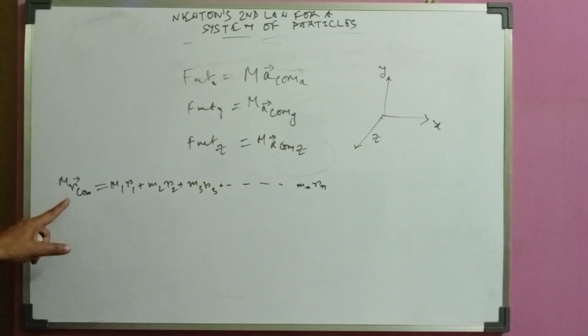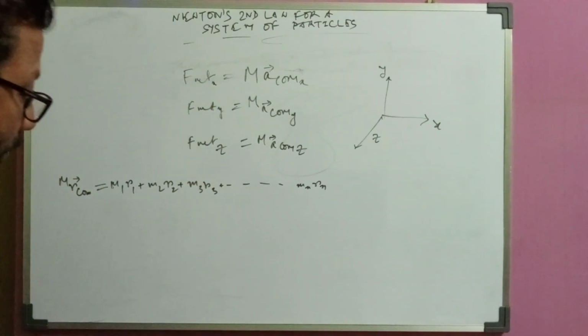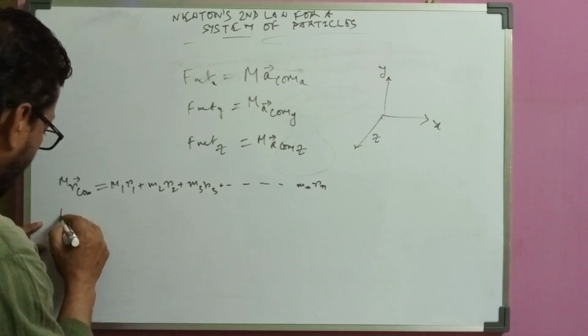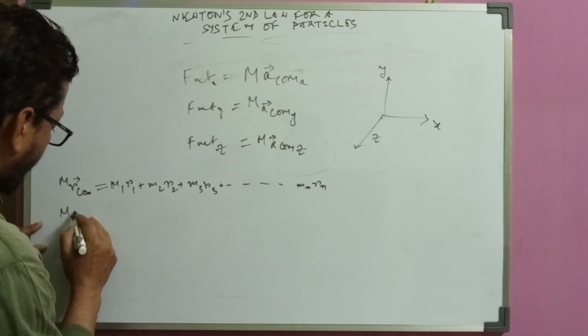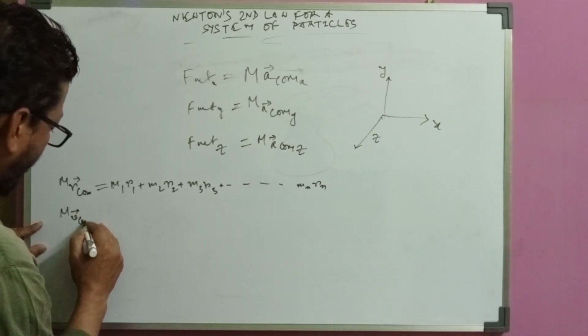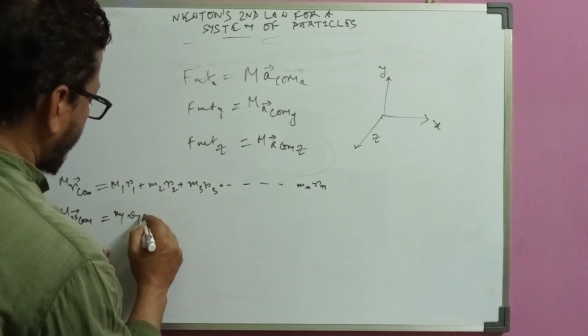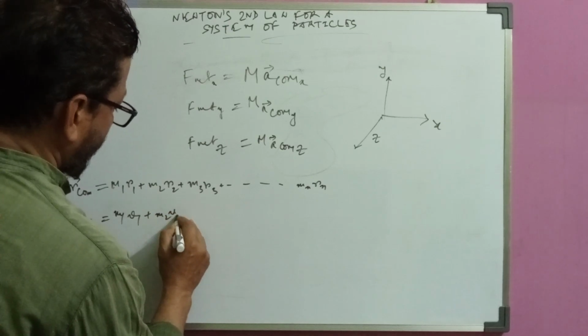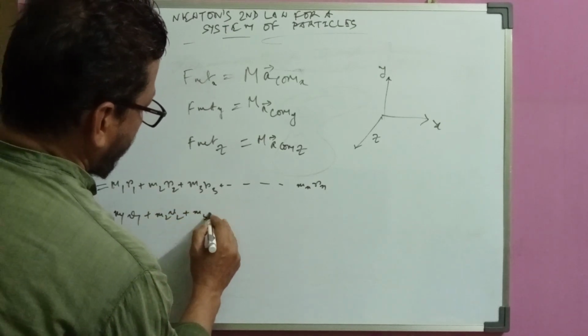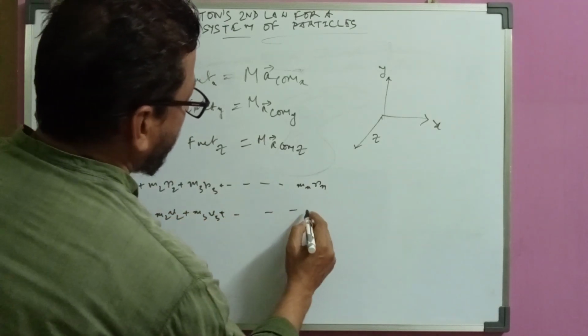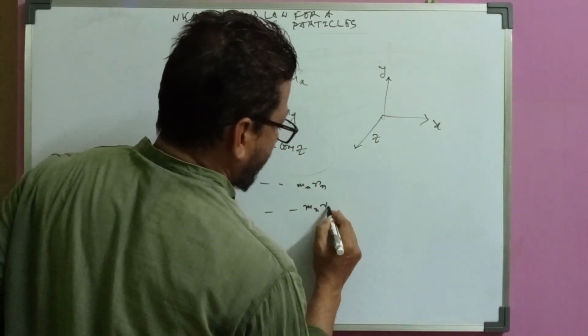Similarly, we did this R. Now we'll do the V: M1 V1, M2 V2, M3 V3, up to Mn Vn.